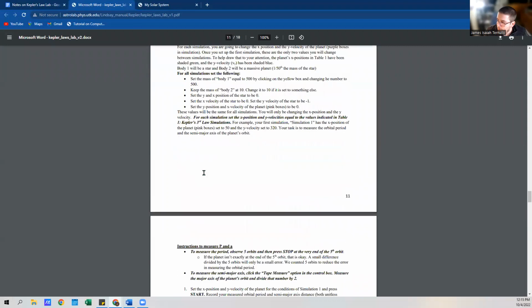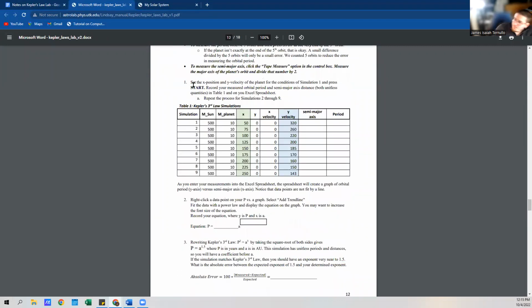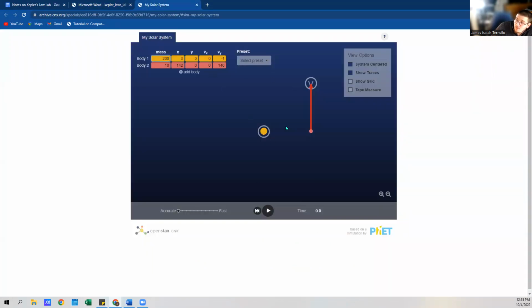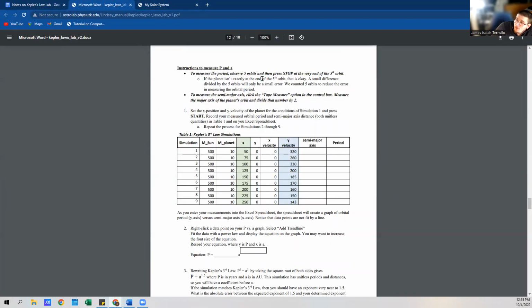Sorry, I should start with the first set of instructions. What we want to do is measure the period of this orbiting body. We want to allow it to orbit 5 times before we stop it.